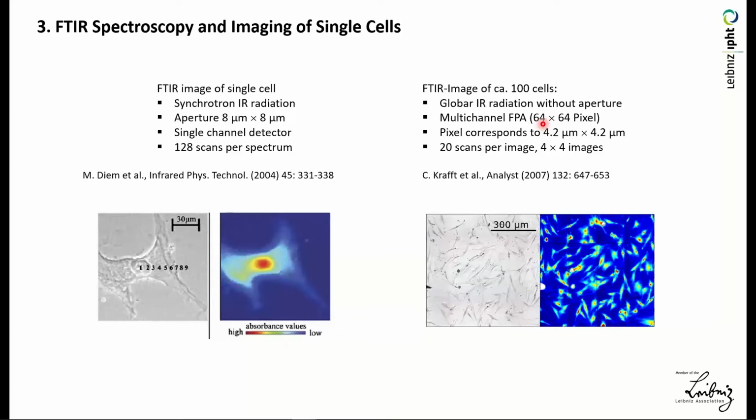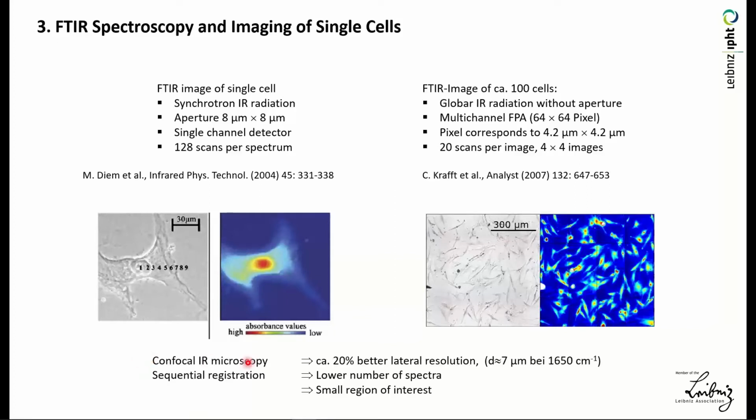Each pixel corresponds to an area of approximately 4 by 4 micrometer. In these experiments, 20 scans per image were collected, and a mosaic of 4 by 4 images. And in this field of view, approximately 100 cells were present.